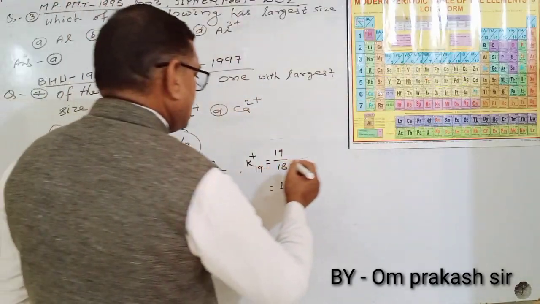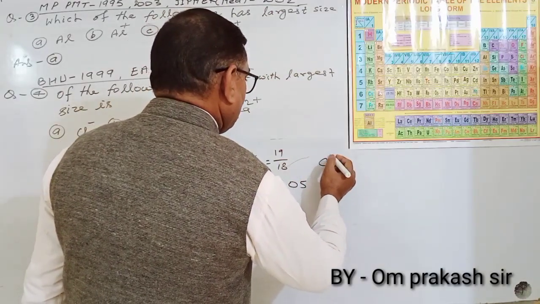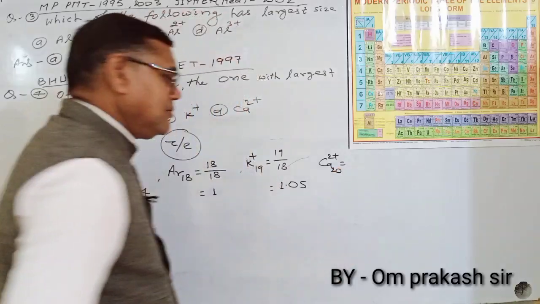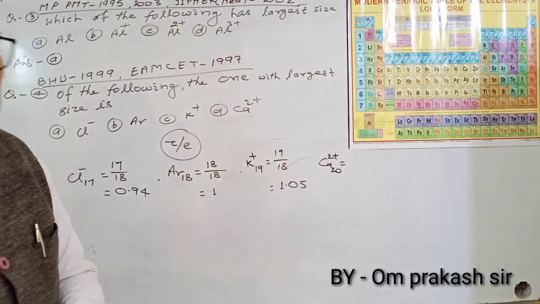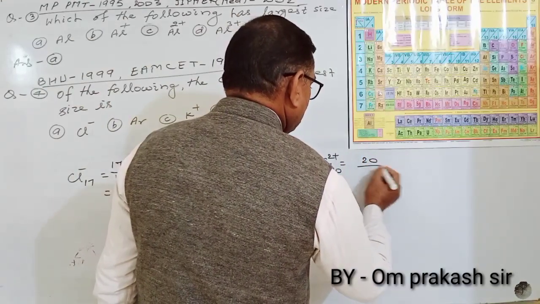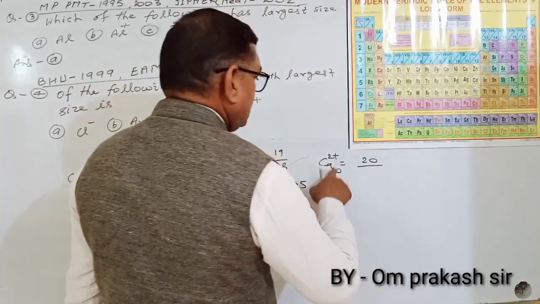Here we write calcium ion. The atomic number of calcium is 20. The value of Z in calcium is 20, and we subtract 20 minus 2, we get 18.